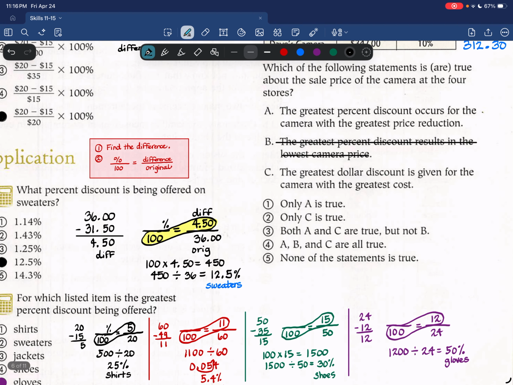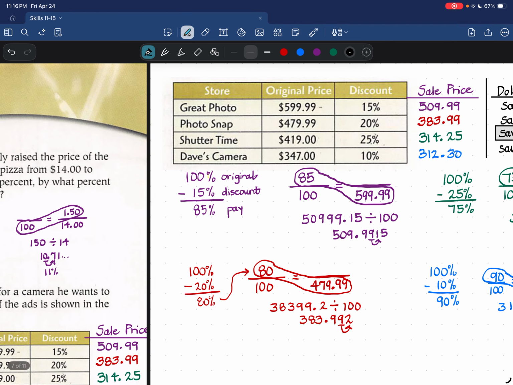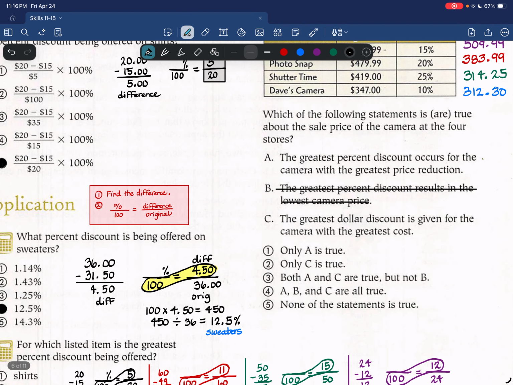We have eliminated B, so let's look at C. The greatest dollar discount is given for the camera with the greatest cost. The greatest dollar discount would be this one. That is not the camera with the greatest cost, so that statement is not true.